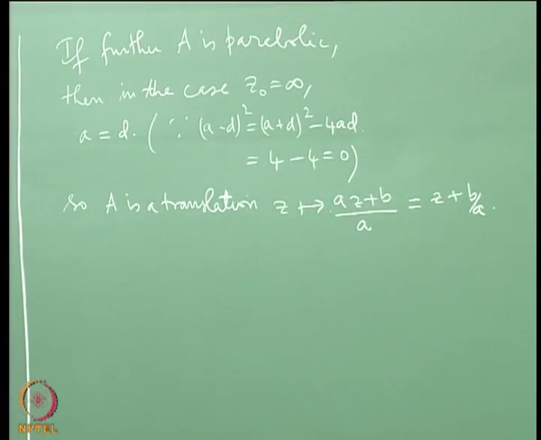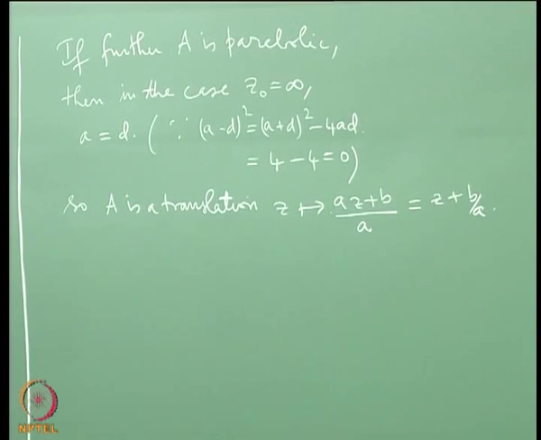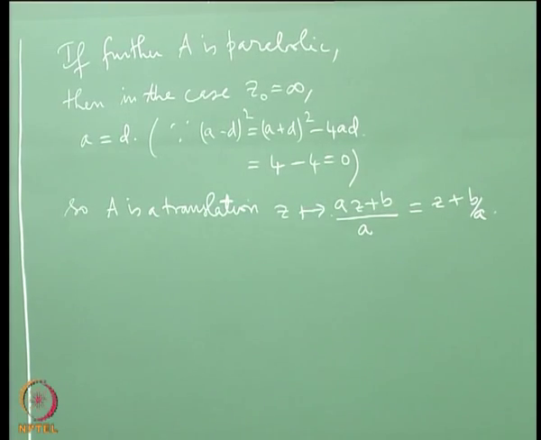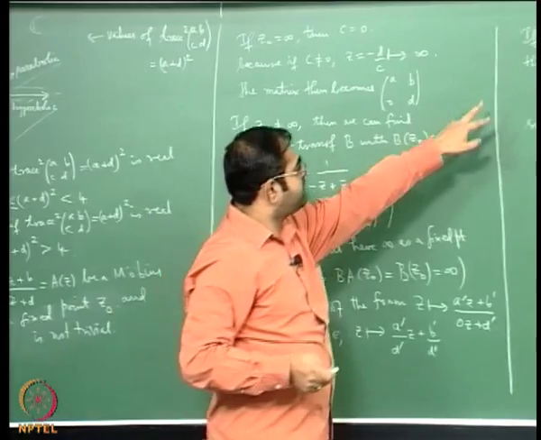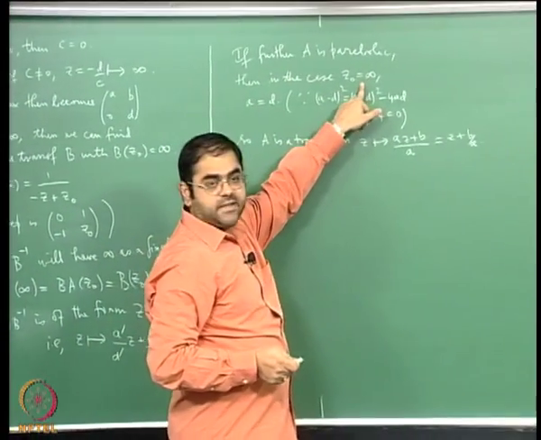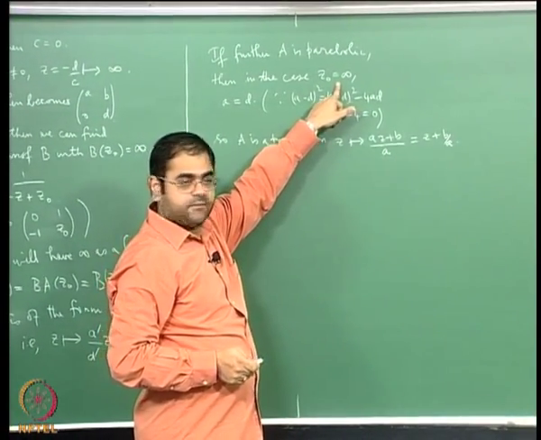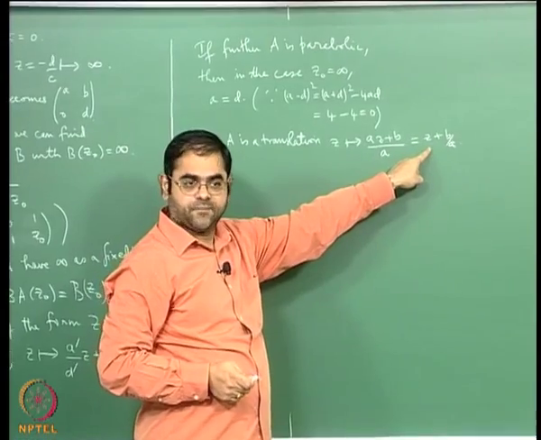So actually in this case you do not have to do any conjugation. If A is parabolic and infinity is the only fixed point, then it is already a translation.